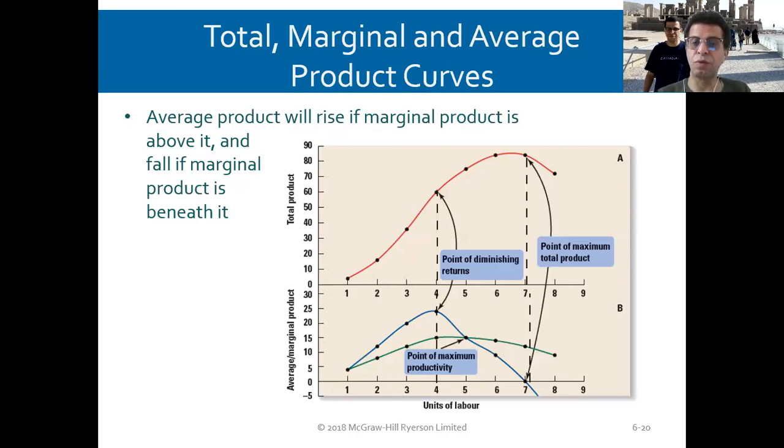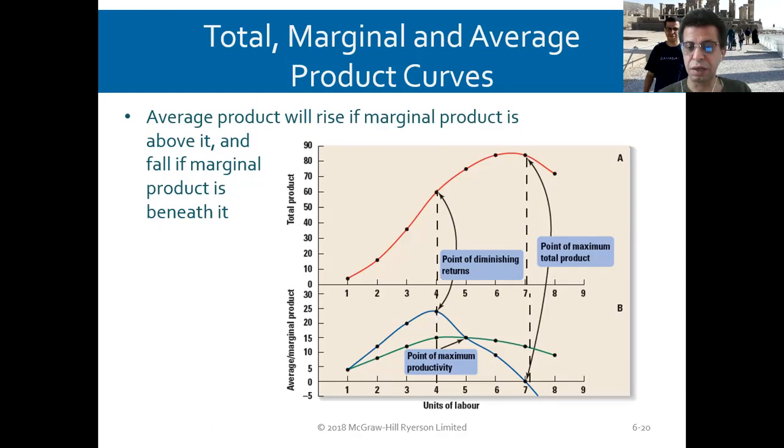And if we look at this graph, it's a little bit confusing in the beginning, but if you look at it, it's pretty much straightforward. Average product will rise if the marginal product is above it, and fall if the marginal product is beneath it. So here's the average product, it keeps going up until it reaches the highest point.